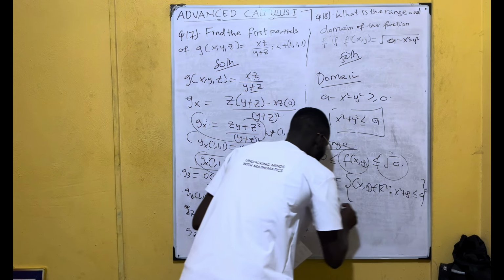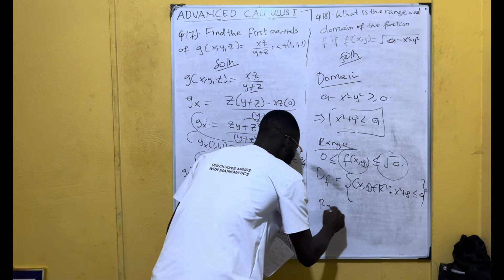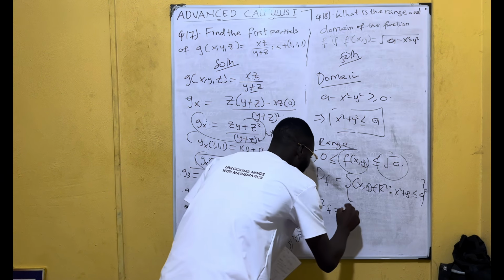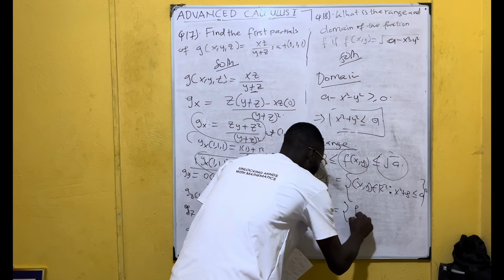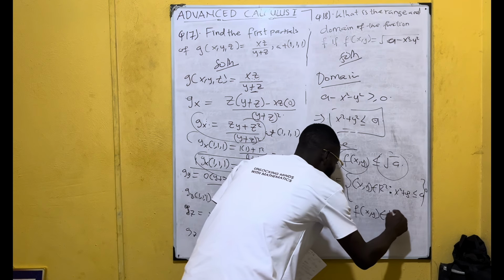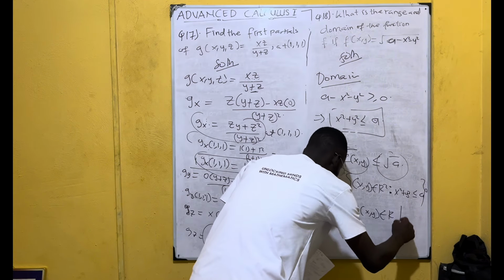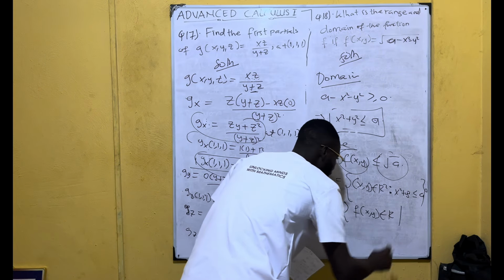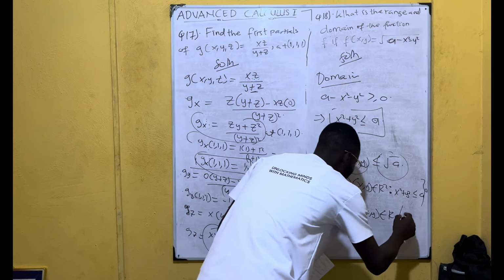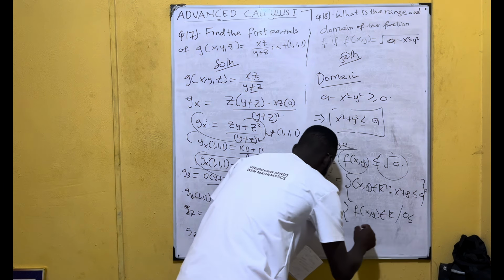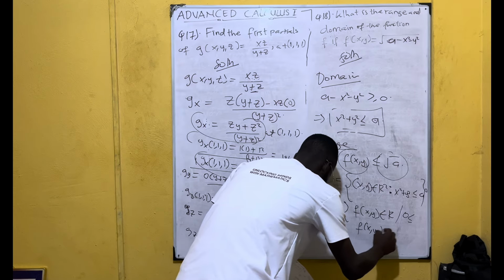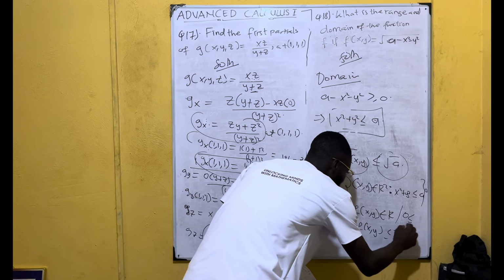And then the range of F is f(x, y) belonging to R, 0 less than or equal to f(x, y) less than or equal to square root of a.